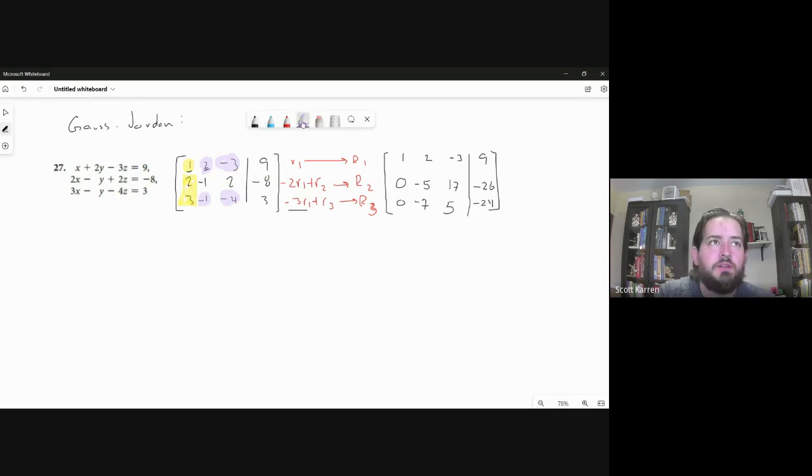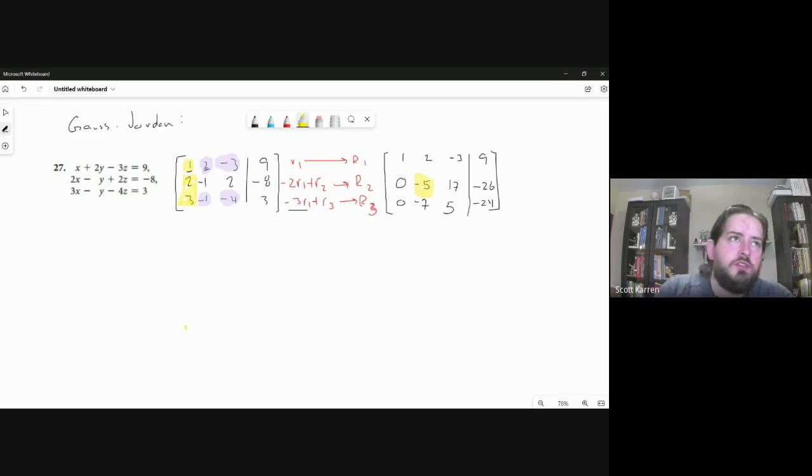The next thing that I want to do is get a 1 right here. And I don't want to just divide the entire row by 5 because 17 and 26 are not divisible by 5. So that's not going to be terribly helpful, because then I'll get fractions and I don't want them if I can avoid them, right? So what I want to do instead is perhaps take some multiple of row 2 and add it to row 3.